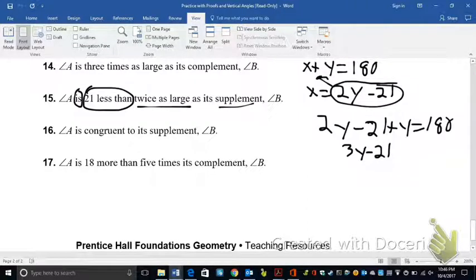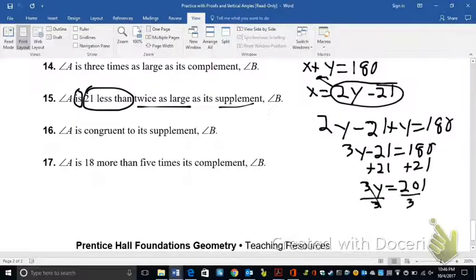Combine like terms. We get 3y minus 21 equals 180. Use the addition property of equality. We're going to add 21 to both sides. We get 3y equals 201. Divide both sides by 3 and we get y equals 67. Now keep in mind, that's the measure of angle B. So to find the measure of angle A, we're going to remember that x plus y equals 180. We substitute the 67 for y.